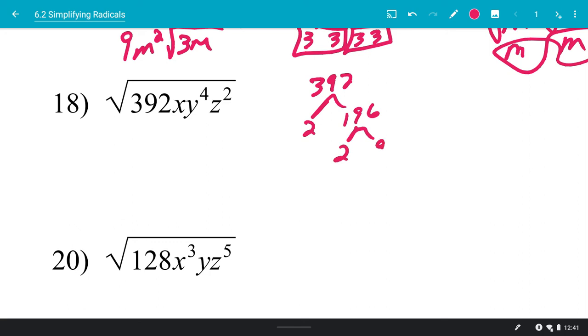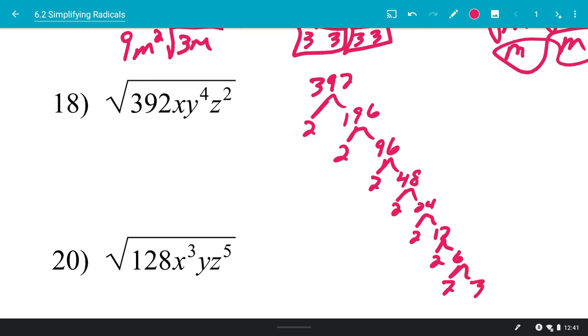Goes in 98. 2 goes into that. 49... 48. 2 goes into that. 24. 2 goes into that. 12 times. 2 goes into that. 6 times. 2 goes into that. 3 times. Okay. I've got 2, 2, 2, and a 2 and a 3 left.